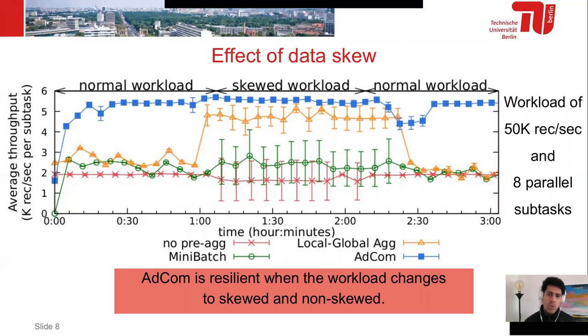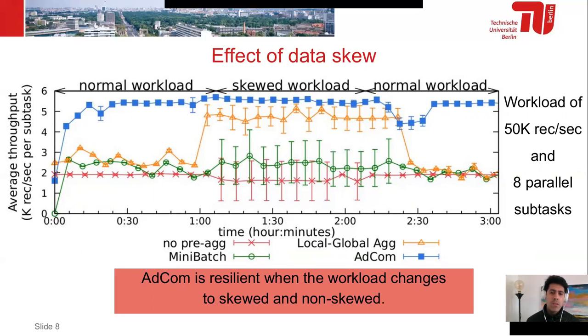Next, we evaluated ADCOM consuming data that is skewed, and actually the local and global aggregation available in Flink does a good job on a skewed workload. However, we still can see some oscillation on the highest throughput, and this is basically because at least one of the subtasks of Flink was in back pressure.